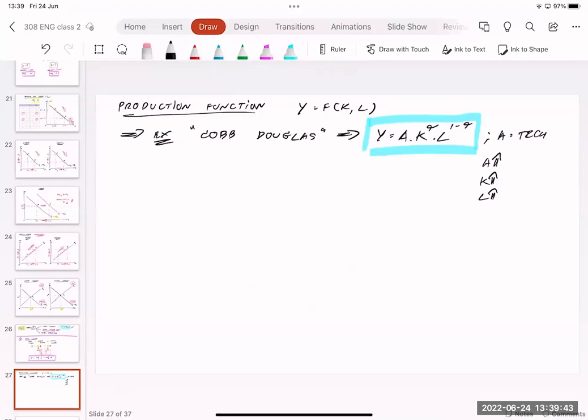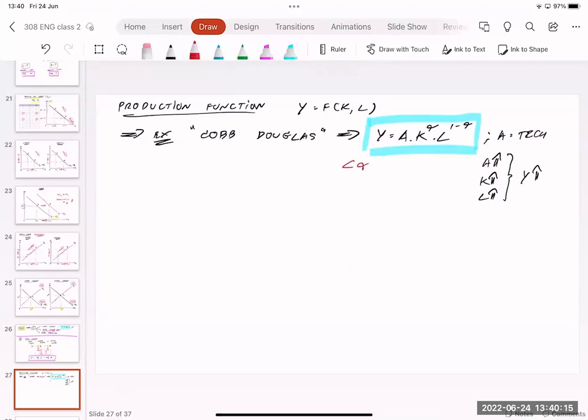In mathematics, it means that if A, K, and L increase together, Y is going to increase. If your country has more technology, more machines, and more labor, your country can produce more. This is the meaning of A, K, and L. How about alpha? Alpha is gonna be, let me write down here.